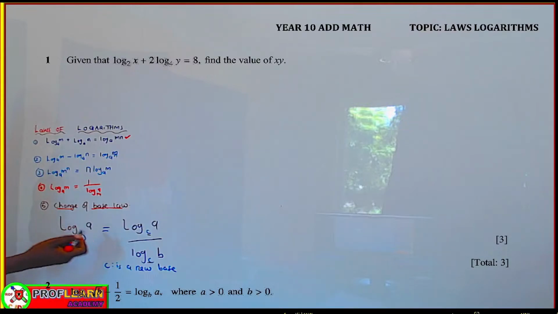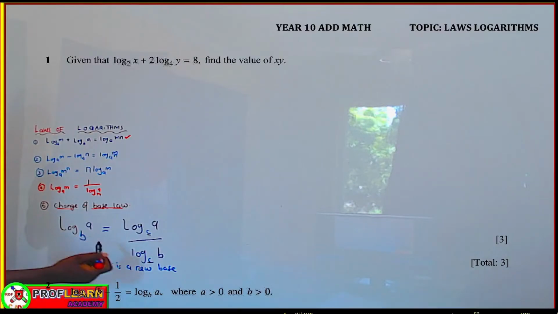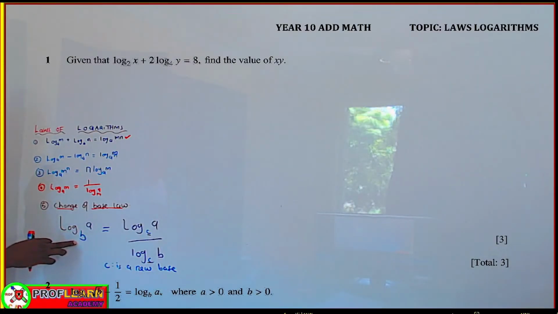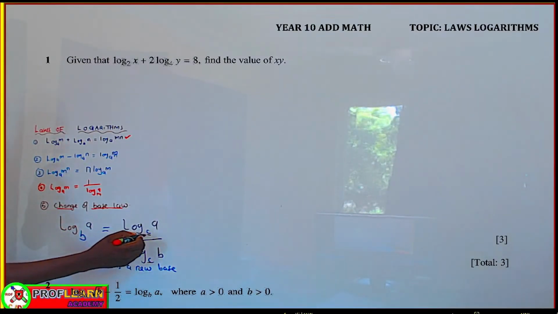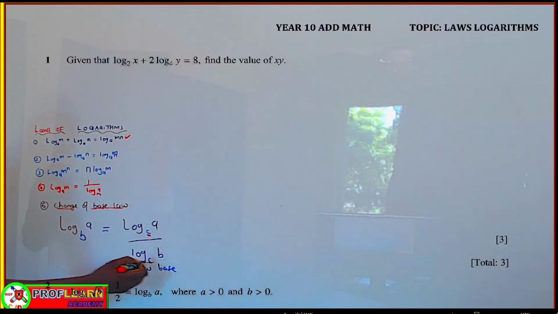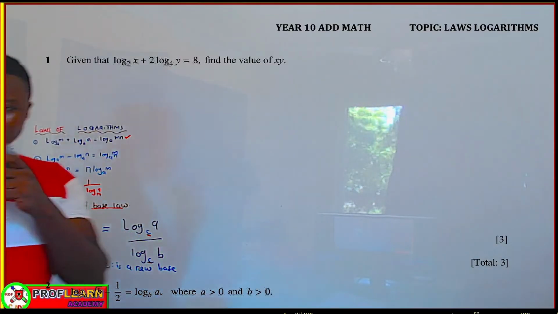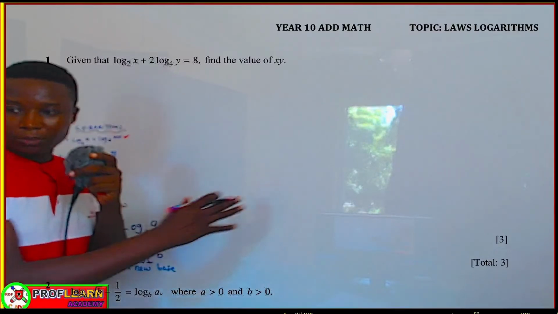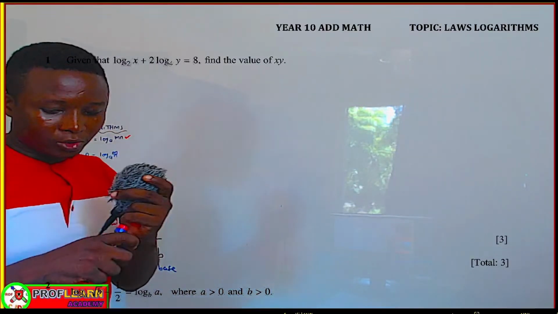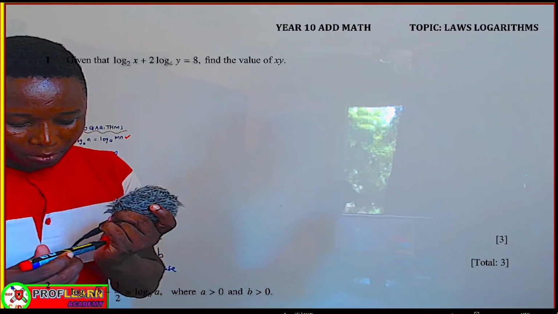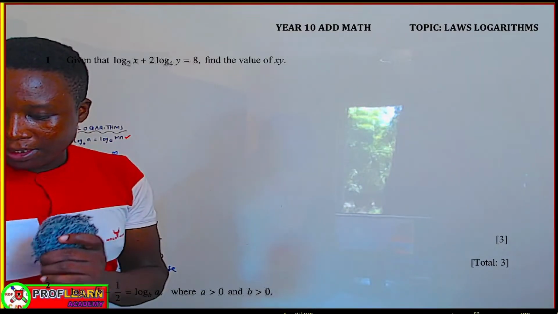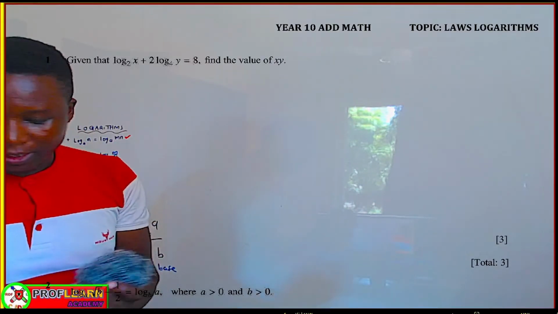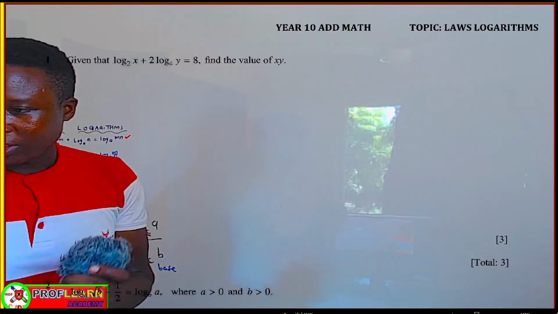If you are changing the base, you are going to say log of the number divided by the log of this number b, which is the base in the initial question, and then you introduce the new base that we want. In that case, we are going to introduce base 2. So now let us start this question, because we have gone through the laws and you know exactly what we are supposed to do. We shall begin by rewriting the question.